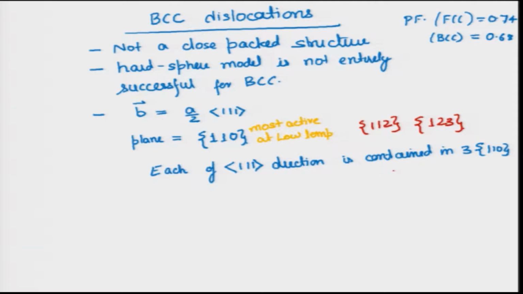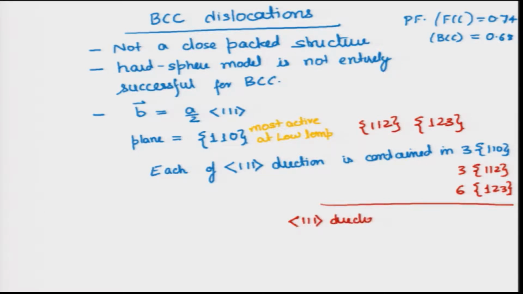Similarly, if you look at {112}, there are again 3 {112} planes, and if you look at {123}, there are actually 6 {123} planes. So, each of these <111> directions is contained in 6 plus 3 plus 3, 12 different possible planes.